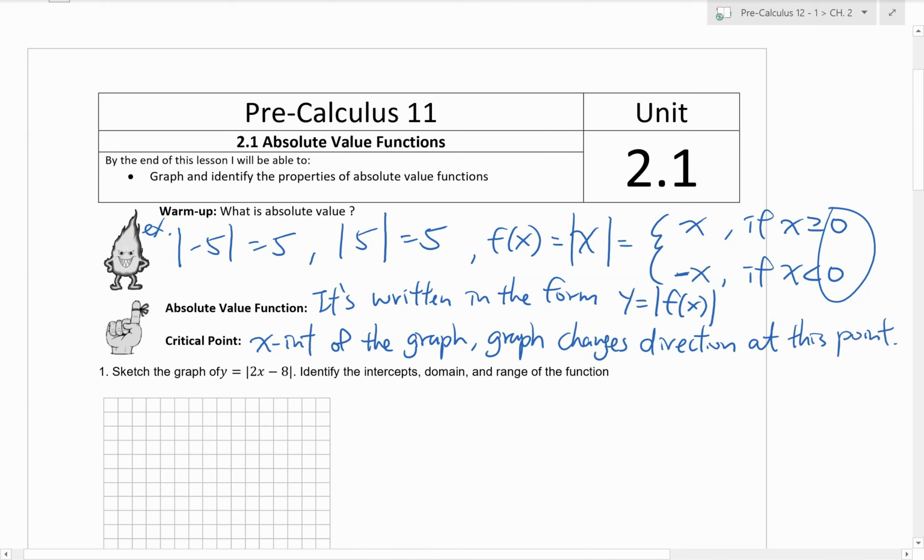So really what it does is it changes from either positive to negative, right? Or from negative to positive, right? So that's why I'm saying this is the critical point, because you can see when x is bigger than or equal to 0, it's positive x. If x was less than 0, then it becomes negative x. Okay, so at 0, that's where the graph changes. So that's what we call the critical point.